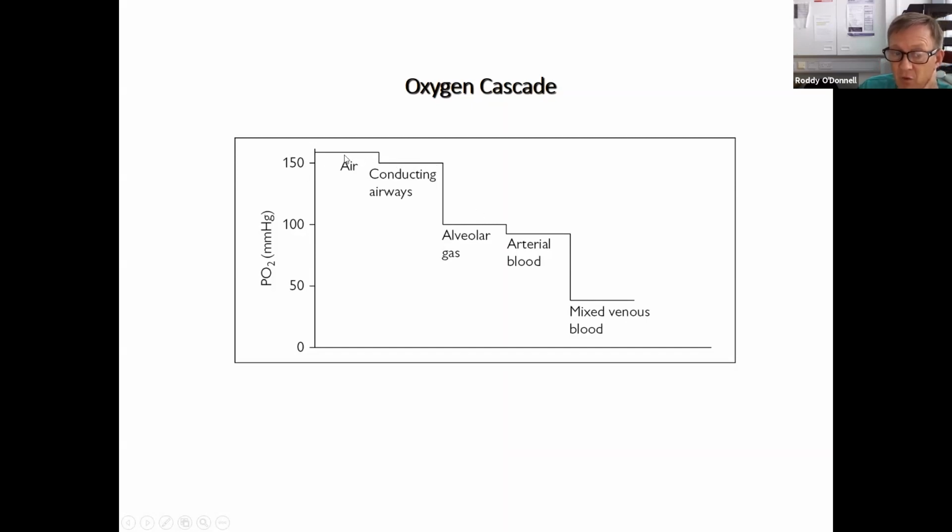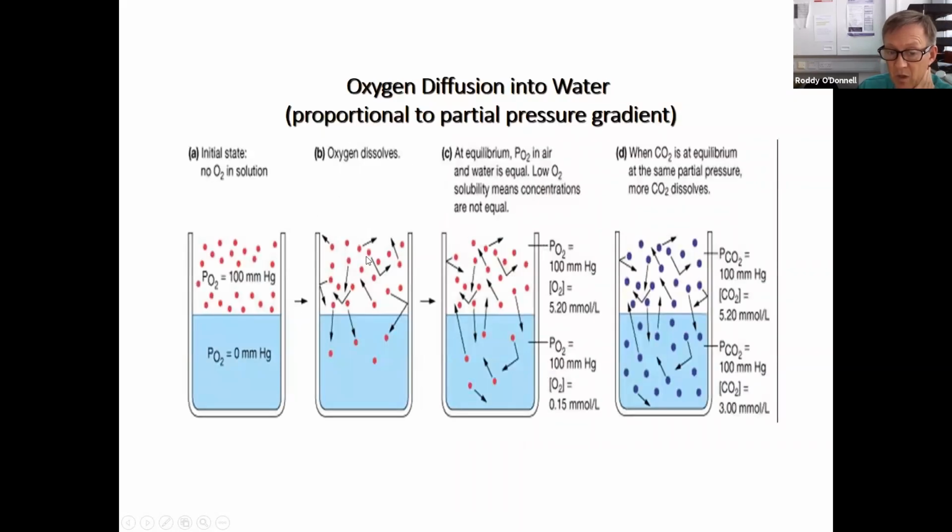So although the overall partial pressure is 760 millimeters of mercury, the same as it is at sea level outside the lung, there's going to be a fall off as things are added, CO2 and humidity being major factors. So that alveolar gas has a lower PO2 anyway, with which to drive this equilibrium compared to the air that we're breathing.